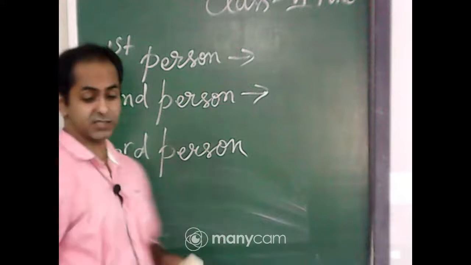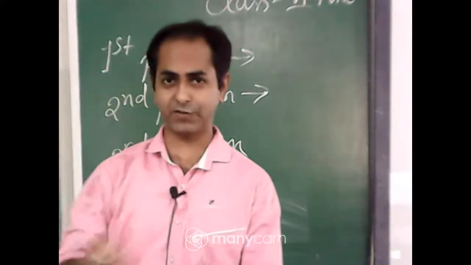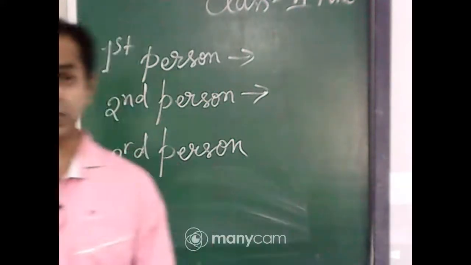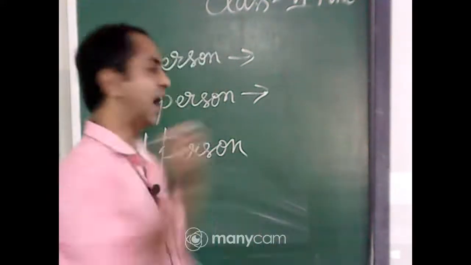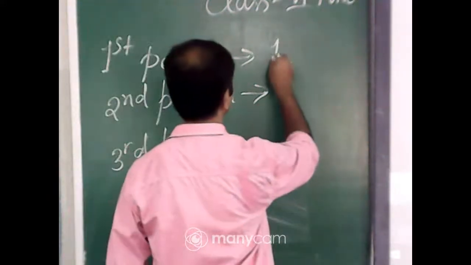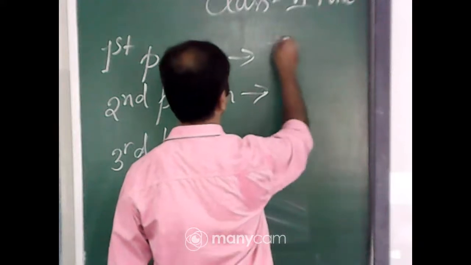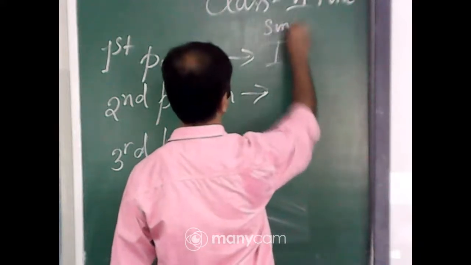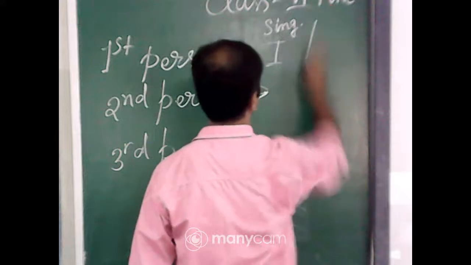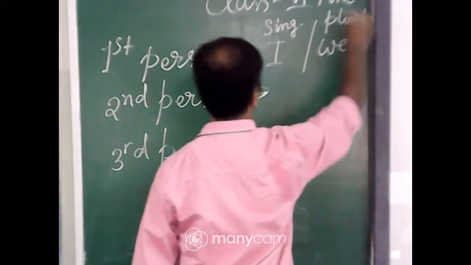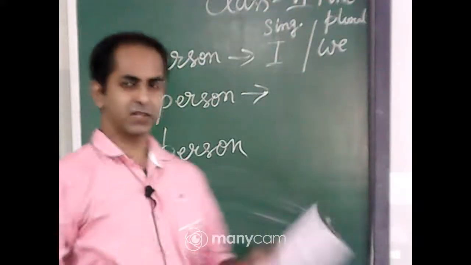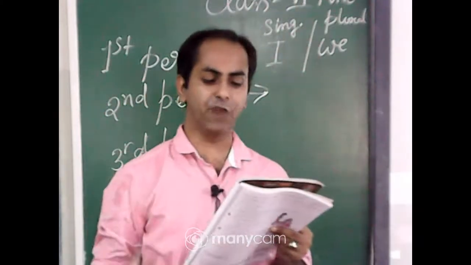So first person is very important because it is relating to me, it is denoting me, indicating me. So first person I, we. I is for singular and we for plural.